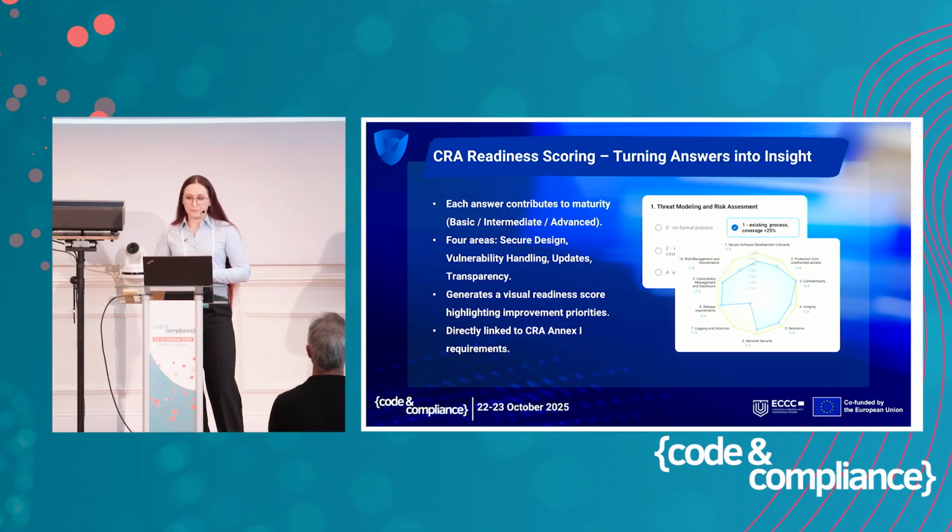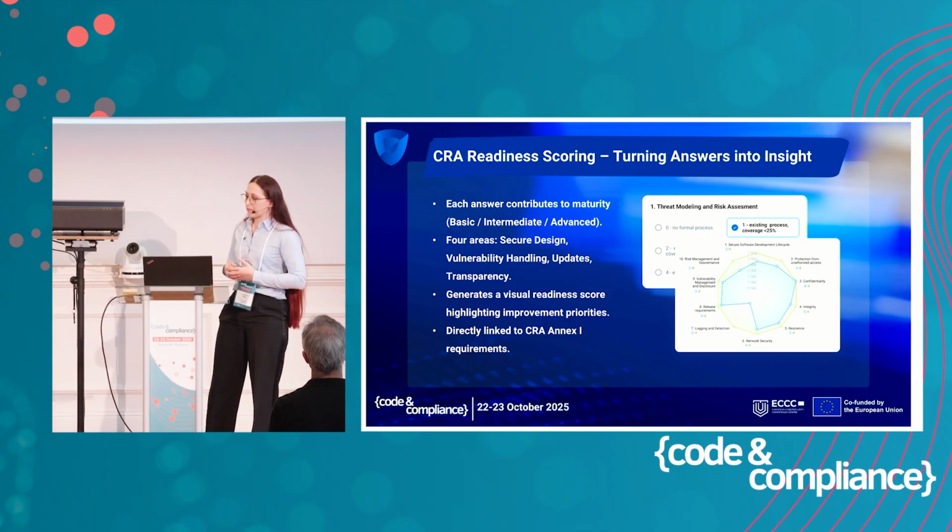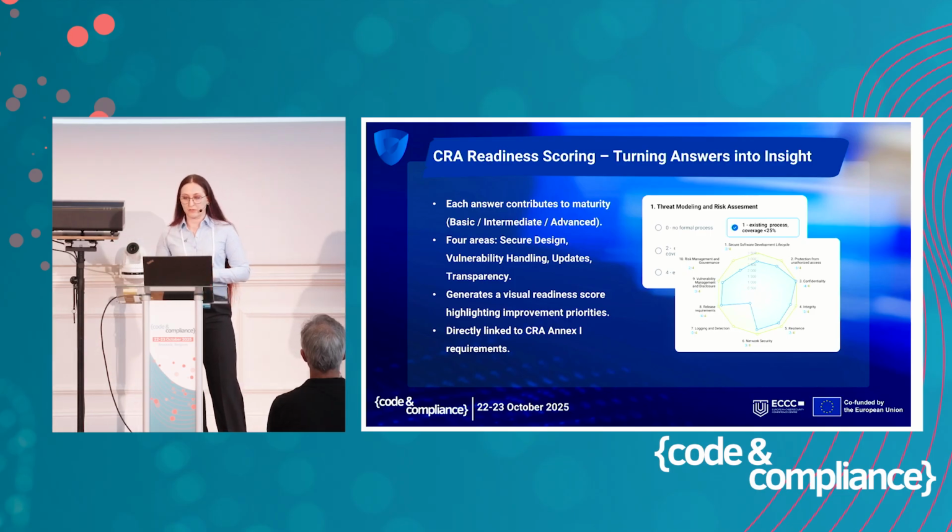So you have to go through all 3, especially the second one and the third one, and you will get a visual readiness score across 3 of your key areas, like security by design, vulnerability handling, updates, and transparency.